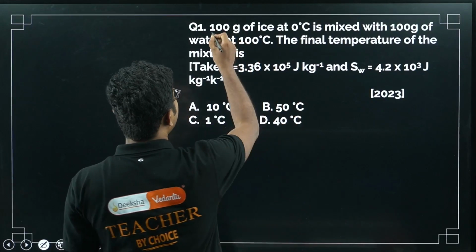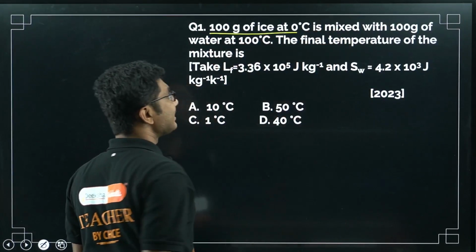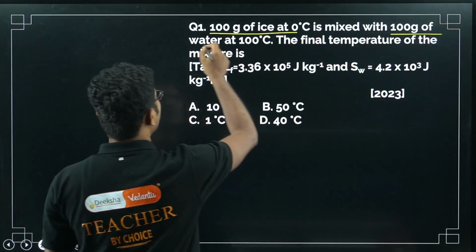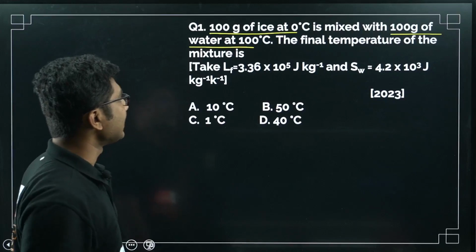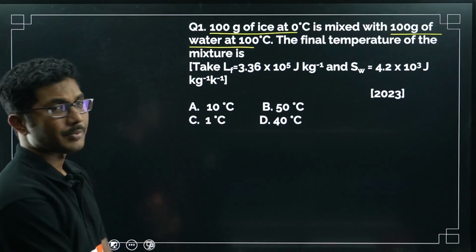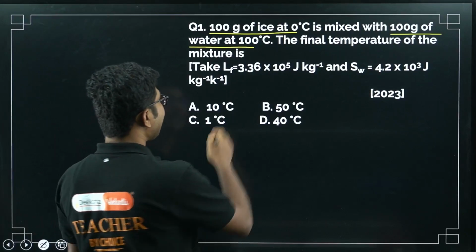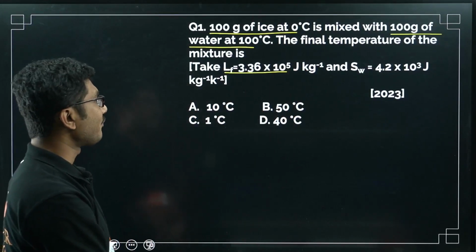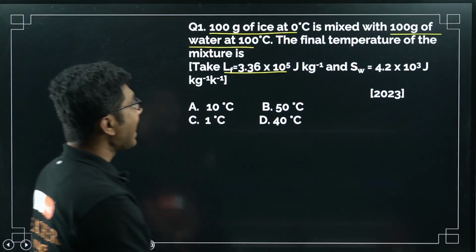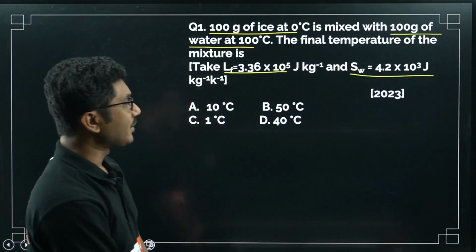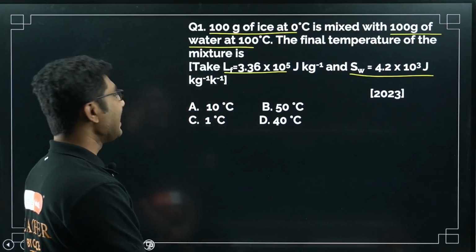This is not vapor, this is water at 100 degrees Celsius. What is the final temperature of the mixture? Take LF equals 3.36 times 10 to the power of 5 joule per kg, and the specific heat of water is 4.2 times 10 to the power of 3 joule per kg per Kelvin.